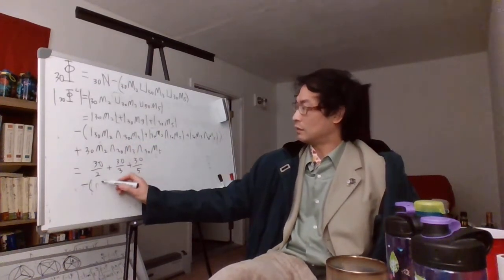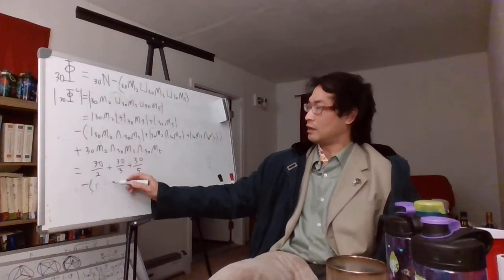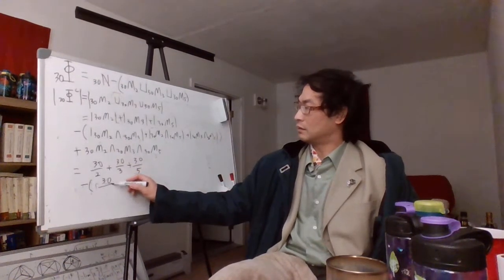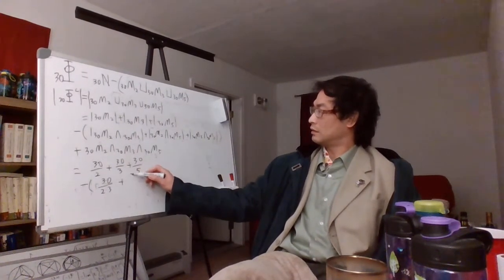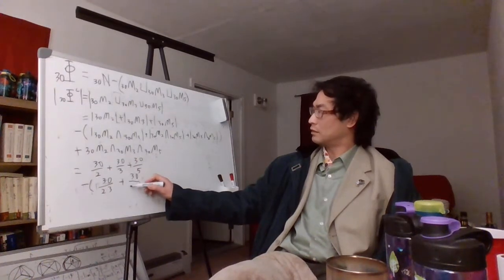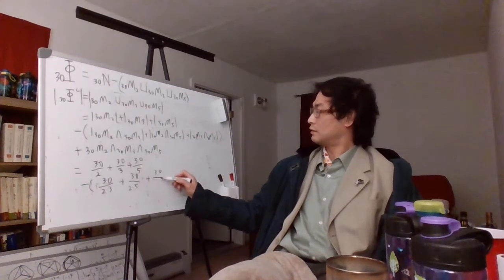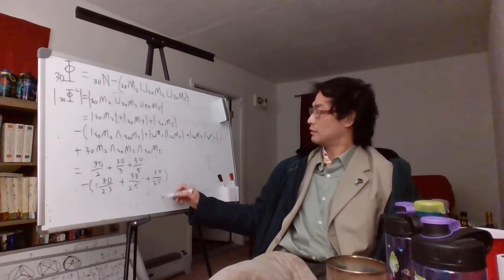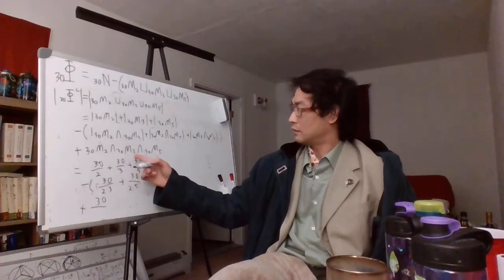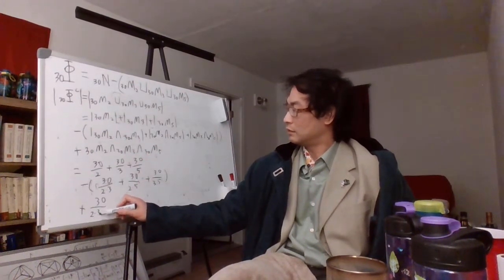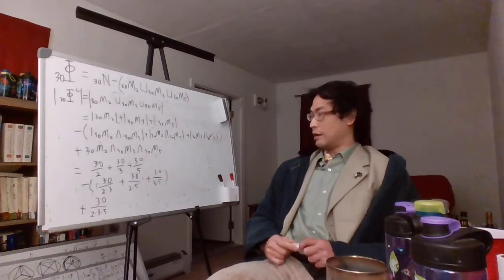So how many multiples of 6 are there in 30? Yeah. Plus 30 divided by.